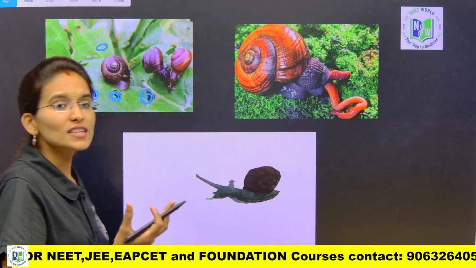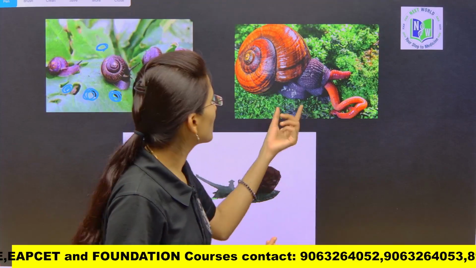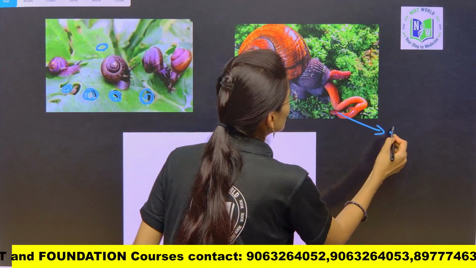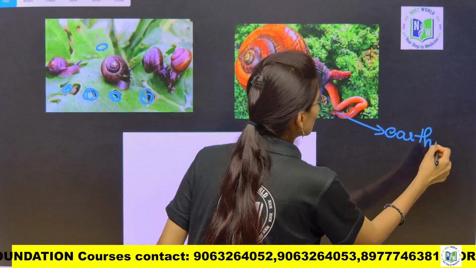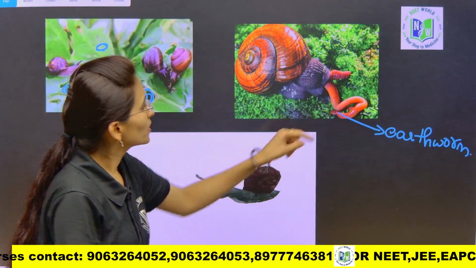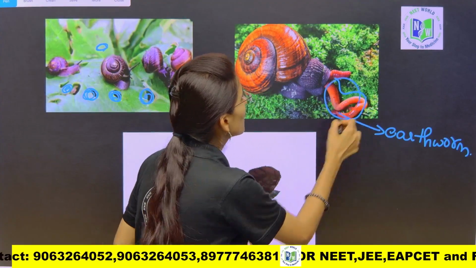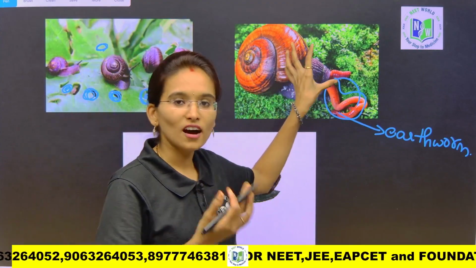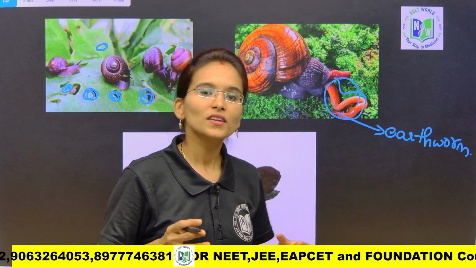And there are a few snails which are carnivores, which eat a few organisms, like the earthworm. So this is the earthworm here, can you see this? Yes students, there are some snails which are carnivores and some which are herbivores.